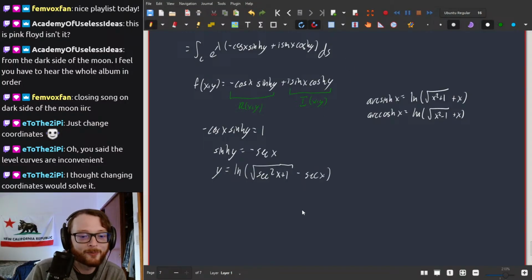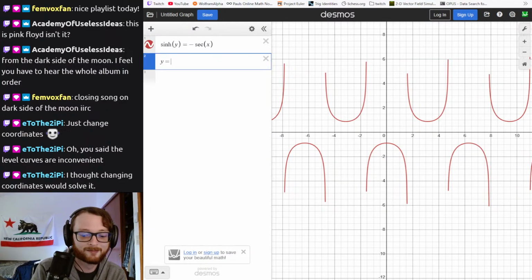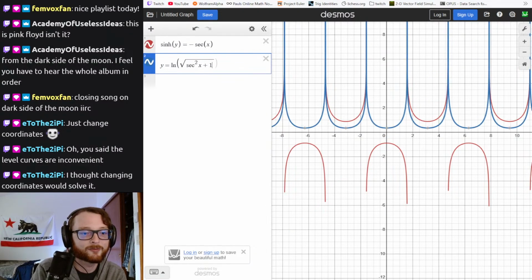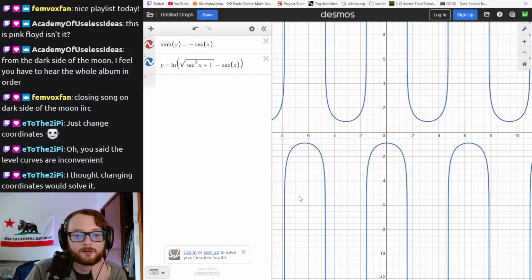Okay, I want to go back to Desmos and check if this is the same thing. Also, I should check if there's a Pythagorean identity with secant squared plus 1. Okay, these are the same. Why does it look so much like secant?